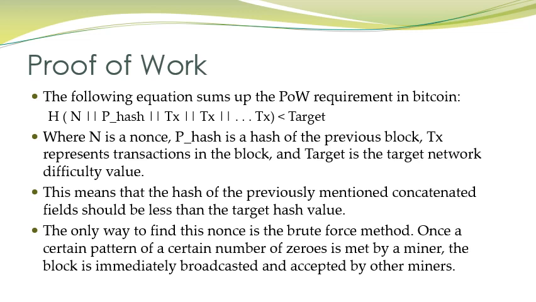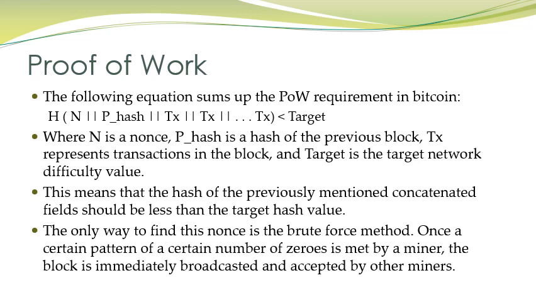In this equation, n is the nonce, p hash is the hash of the previous block, tx represents the transactions in the block, and target is the target network difficulty value. This target value is adjusted by the network server to keep the time of block creation at 10 minutes.